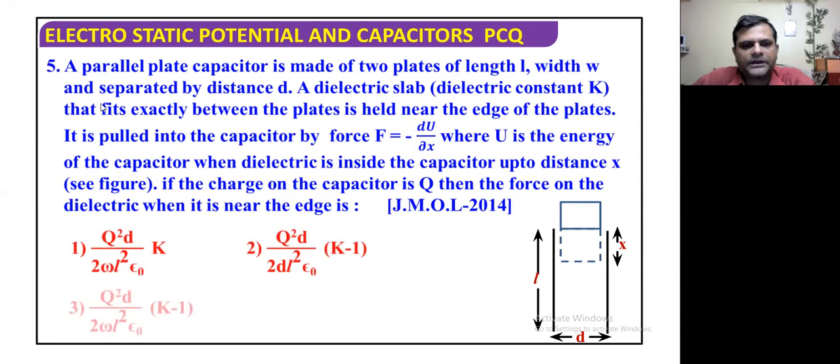A parallel plate capacitor is made up of 2 plates of length L, width W, and separated by the distance D. A dielectric slab of dielectric constant K that fits exactly between the plates is held near the edge of the plates. It is pulled into the capacitor by the force F, which is equal to minus dU by dx, where U is the energy of the capacitor when the dielectric is inside the capacitor up to distance x.